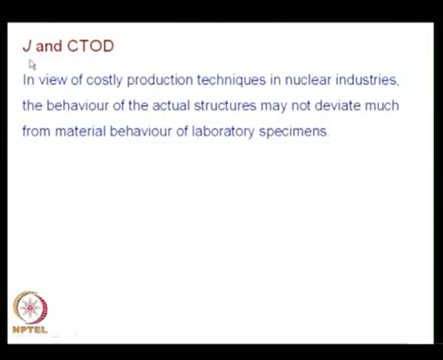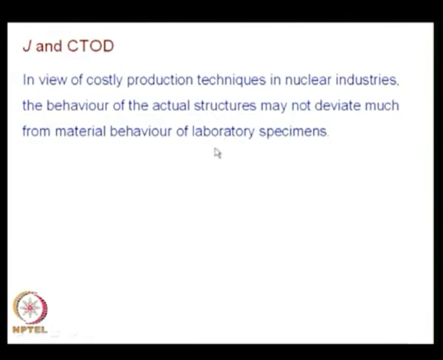And you will also have to keep in mind where J is applicable. In view of costly production techniques in nuclear industries, the behavior of the actual structures may not deviate much from material behavior of laboratory specimens. So, this luxury was there in nuclear establishment, where there is close monitoring of production methods.